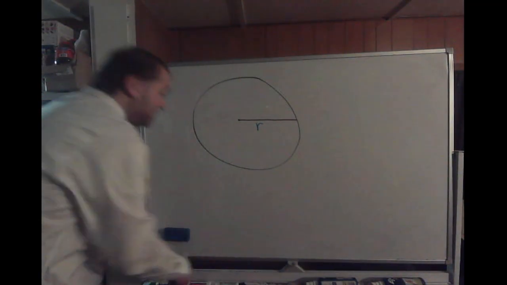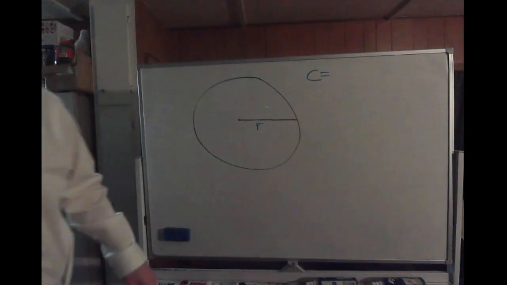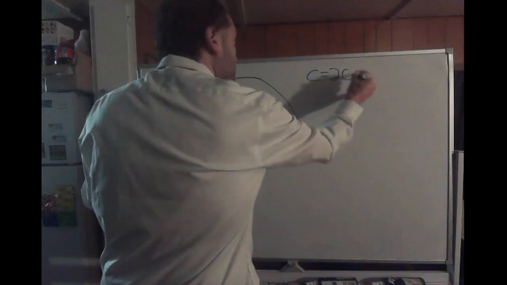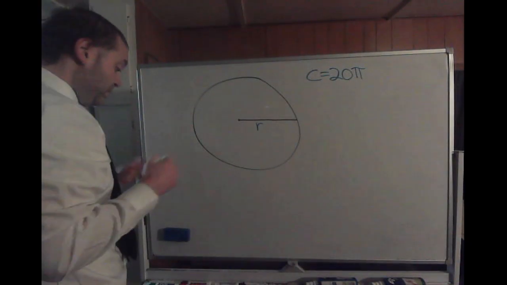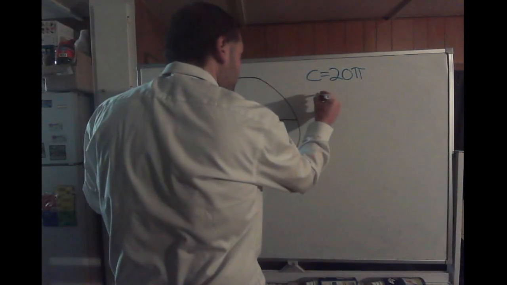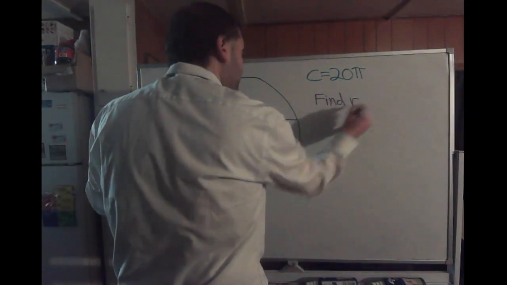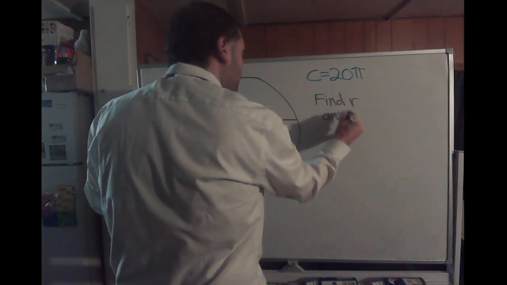They give us that the circumference, in this case, is equal to 20 pi. So we already got the circumference. What do we need to find? We need to find the radius and the area. So find the radius and the area.